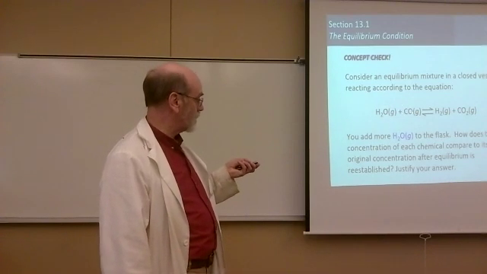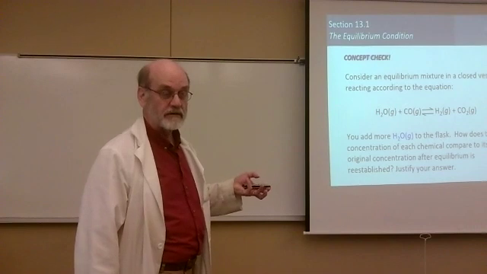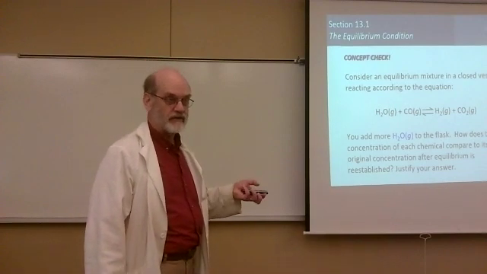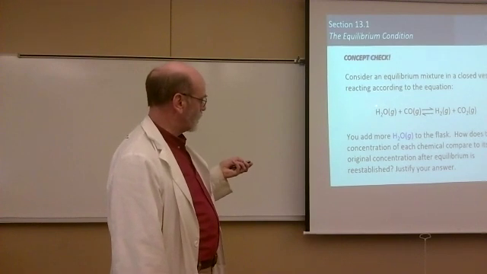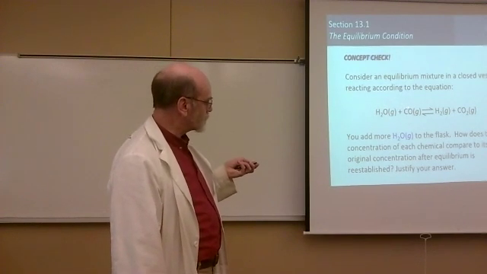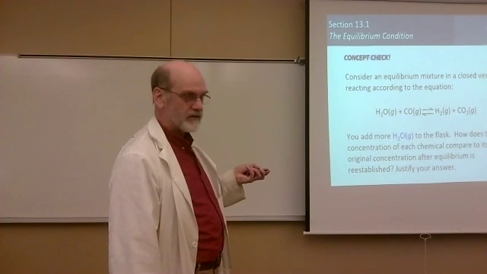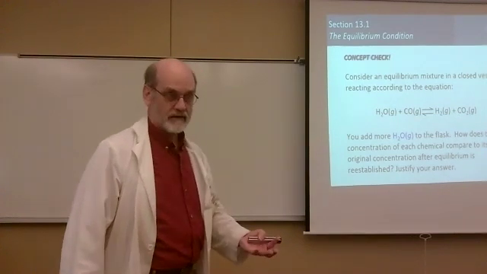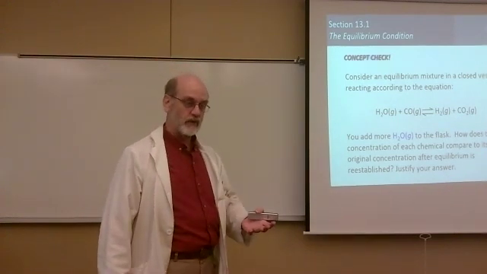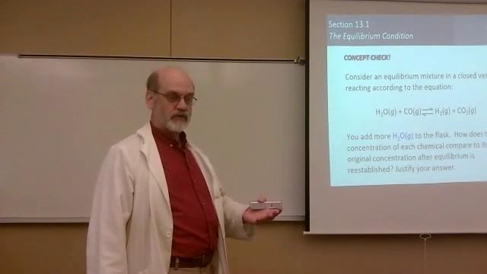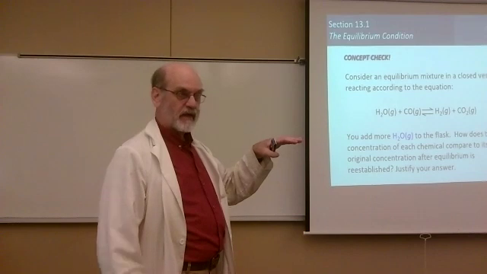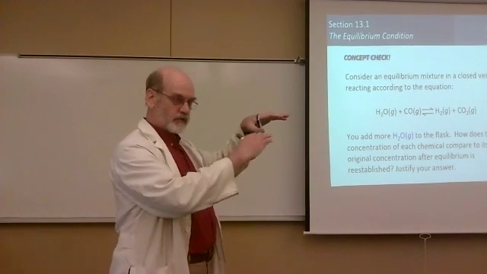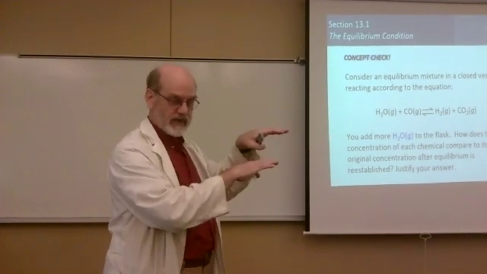As long as you've got enough carbon monoxide to react with it, and you should if it's at equilibrium, the reaction shifts to the right temporarily until it reestablishes equilibrium. You increase the forward rate for a moment, and then eventually the reverse rate catches up and you reestablish equilibrium.